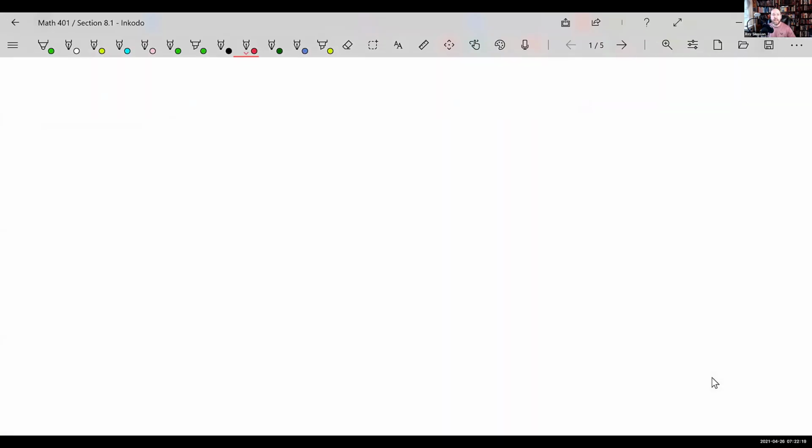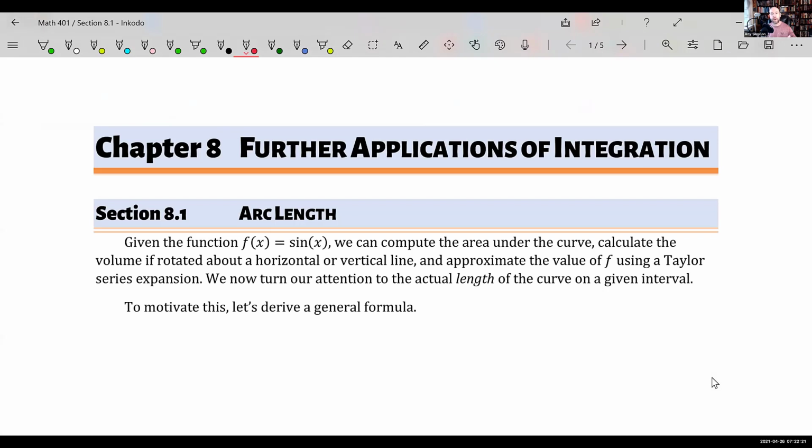And chapter 8 is really, in my opinion, about three things. It's about arc length, surface area, which is related to arc length, and then a very specific application that becomes important in physics and in Calc 3. So let's dive right into it.